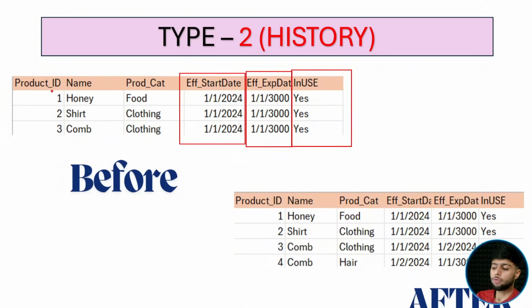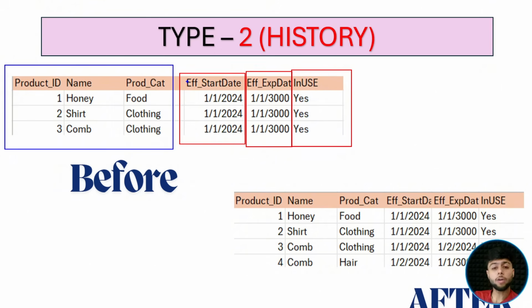So this was our initial picture of the data, right? What we did is add effective start date. Effective start date can be the date when we actually created the table. Make sense? Now effective end date. Oh, sorry, effective expiry date or end date is the same thing. You might say, you have mistakenly put 3000 there. No, that was not a mistake.